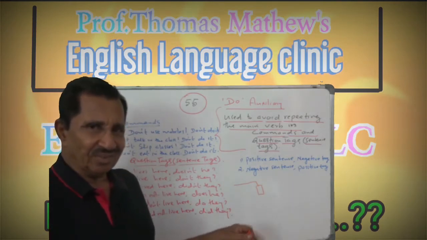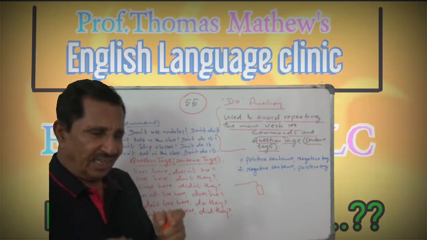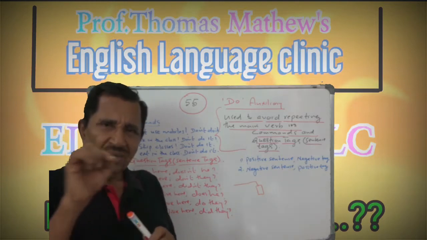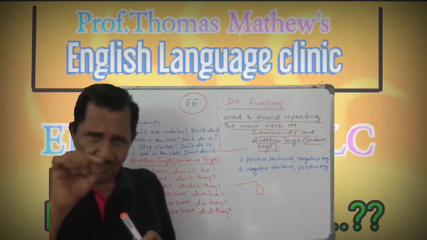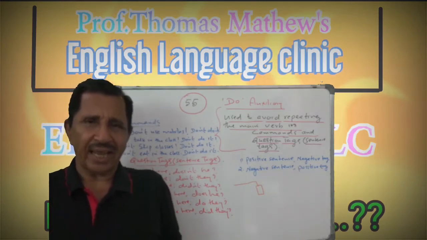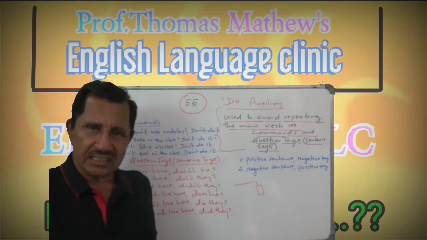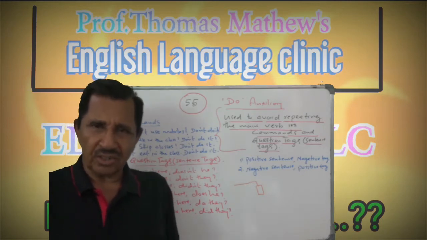You must have seen a small piece on a price tag. Like that, at the end of a sentence you have a small piece. That small piece at the end of a sentence you call a tag. You can call it a sentence tag or a question tag.